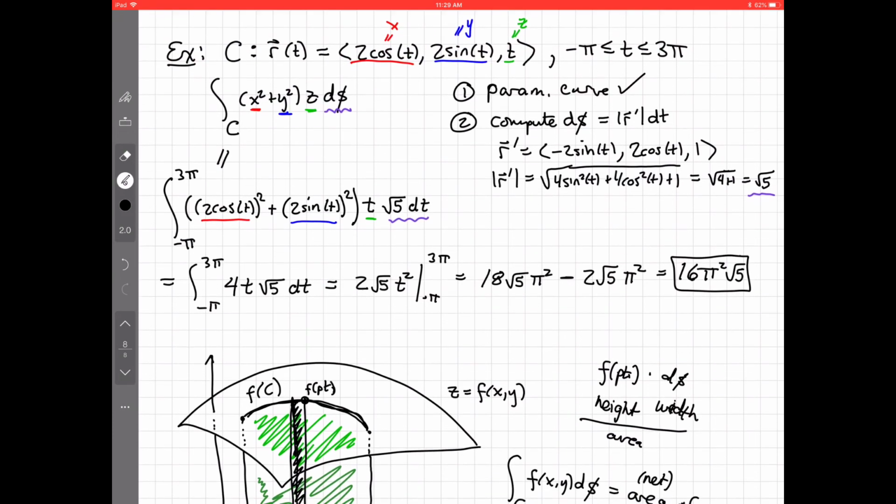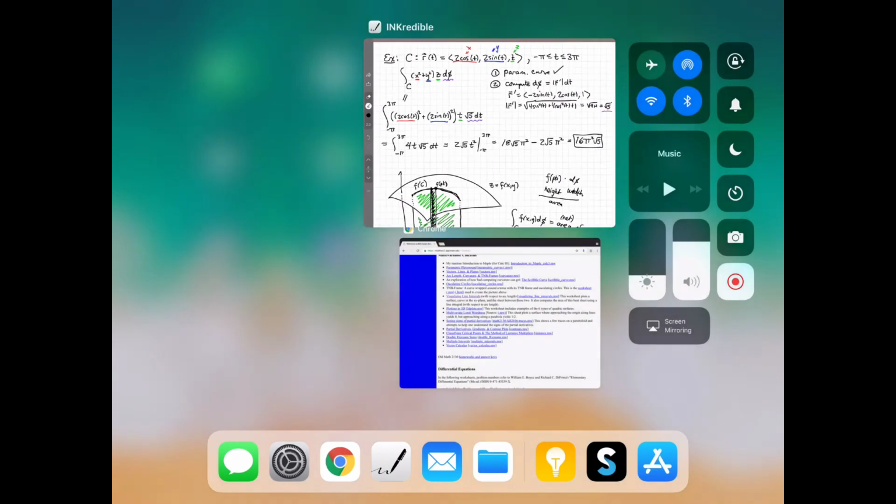That would be the area of the sheet beneath the hypersurface w equals x squared plus y squared quantity times z, and above, if that even makes sense, the helix. The problem with that geometric interpretation is that we really can't see it because it operates in 4 dimensions.